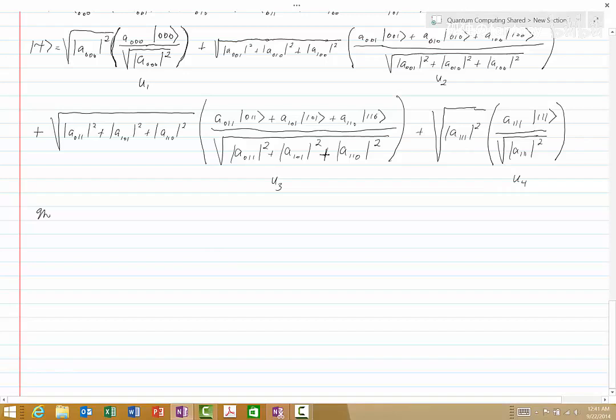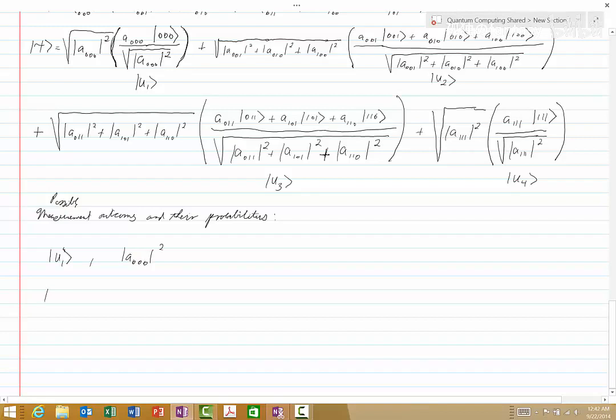Let's now look at the possible measurement outcomes and their probabilities. One outcome would be U1, and the probability of that is simply the magnitude of A000 squared.